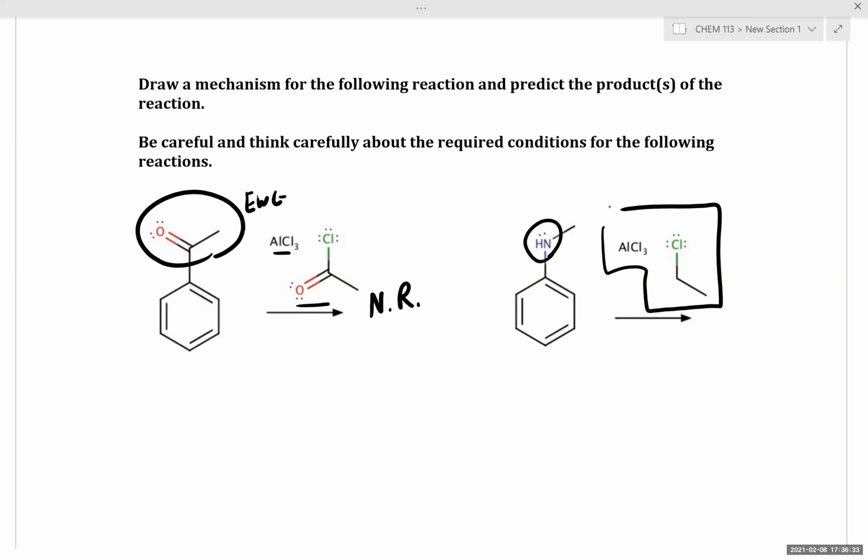What does the class think? Or to phrase it another way, the amine is an electron donor, yes, but it's an incompatible functional group.